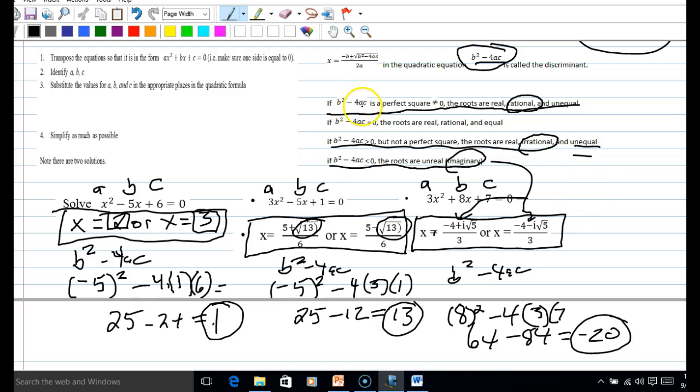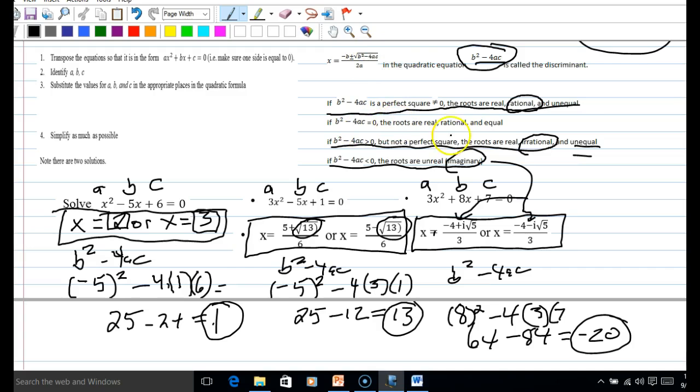And again, if b squared minus 4ac is a perfect square, when you take the square root of the perfect square, you get a rational number. So your roots are going to be rational and unequal. If b squared minus 4ac is equal to 0, then this part of the quadratic formula is going to go away.